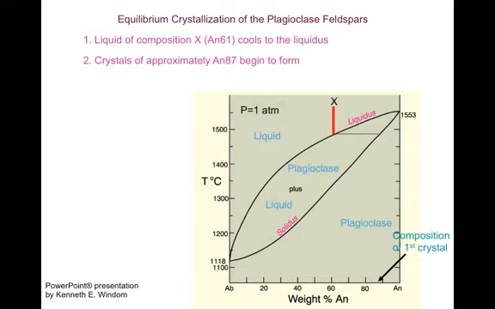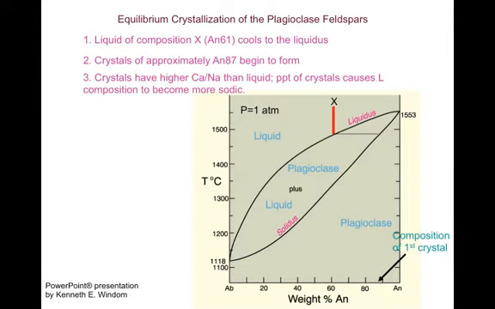So the first crystal is going to be a composition of 87% anorthite. And notice that those initial crystals have a higher calcium to sodium ratio than the liquid that they're crystallizing out of. So the precipitation of the crystals causes the liquid composition to become more sodic as well.